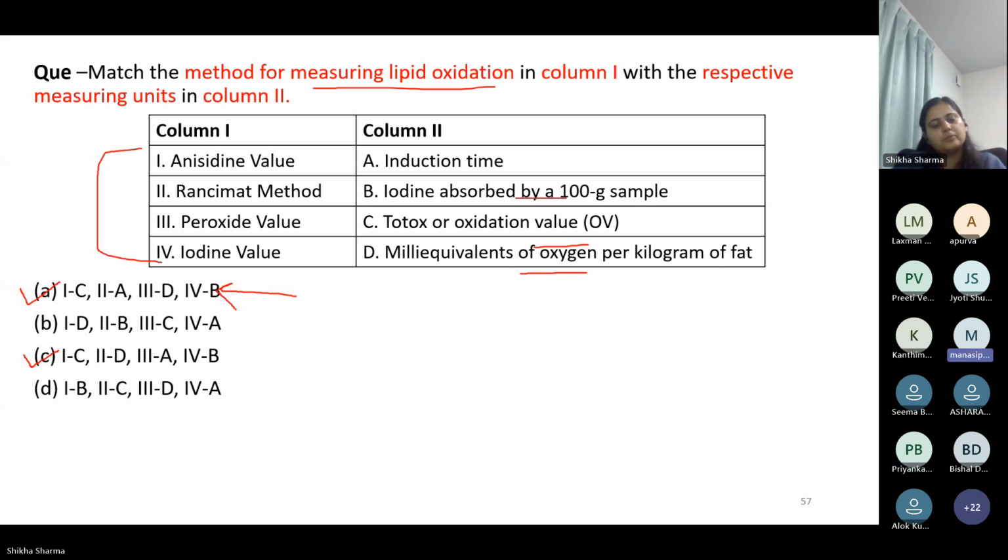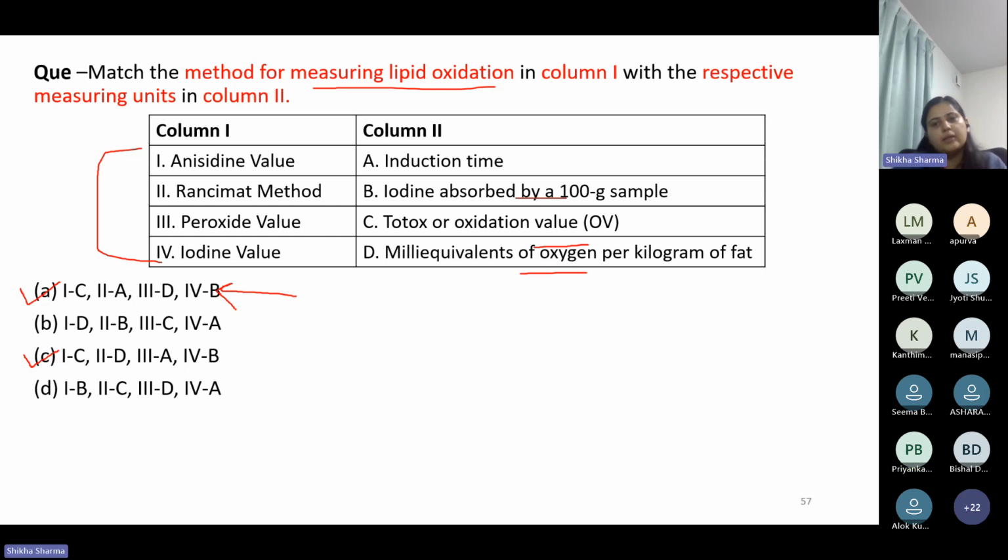Ma'am, iodine value is iodine absorbed by a 100-gram sample. Okay. And the peroxide value is milliequivalents of oxygen per kilogram of fat. And the other two, I don't know, ma'am. Okay.